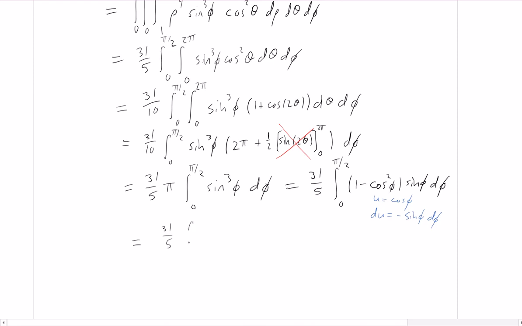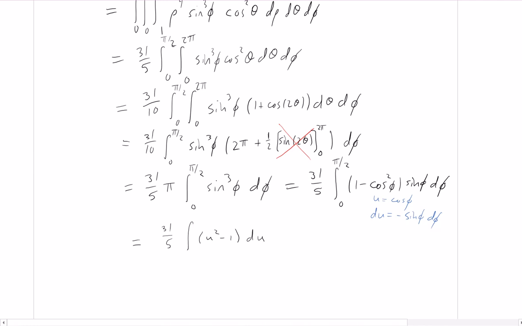So let's see, what does this become? We have sine phi d phi. We need an extra minus sign. So we'll absorb that minus sign into the parentheses here by just switching the subtraction. So instead of 1 minus u squared, I'll write it as u squared minus 1. That'll account for the minus sign. And let's see.